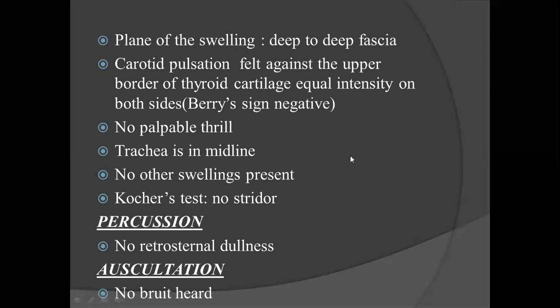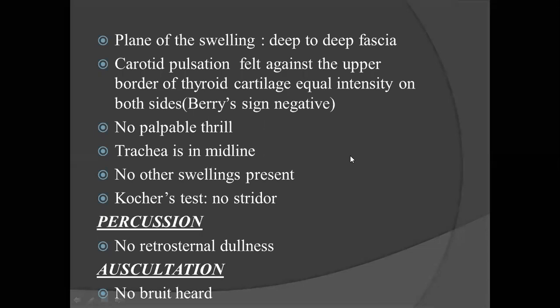Sir, in the retrosternal goiter, when we tell the patient to swallow, the swelling will come up. If we feel the lower border at that time, what will you say, sir? That means it also tells us that it does not have retrosternal extension. When the lower border is palpable, whether during swallowing or not, we don't worry about it.